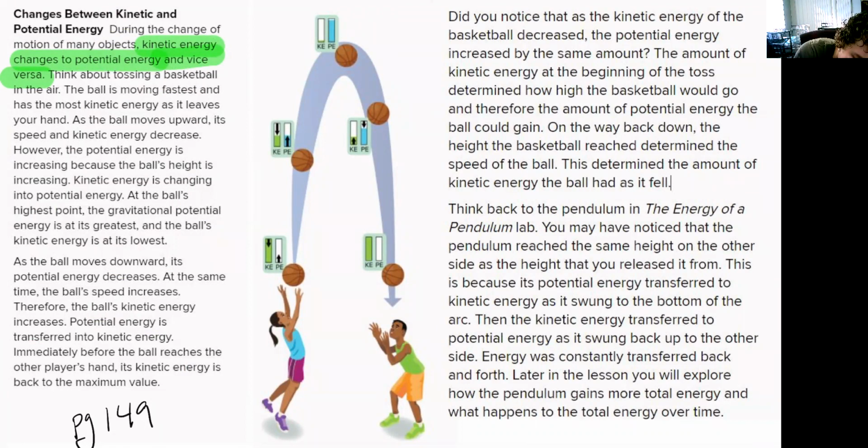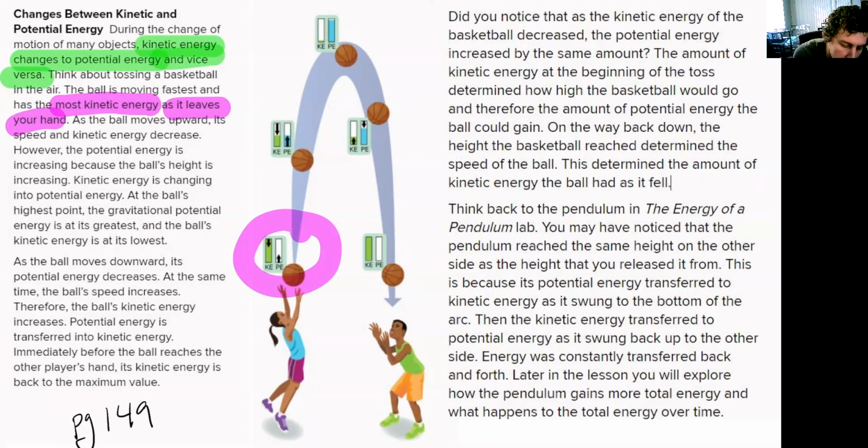So I'm going to highlight this in pink here. Has the most kinetic energy as it leaves your hand. And that's what we see right here. When you push the ball up, you're giving it all of this motion, this speed. It's at the bottom point of you throwing it up. So it has no potential energy. It's all kinetic.